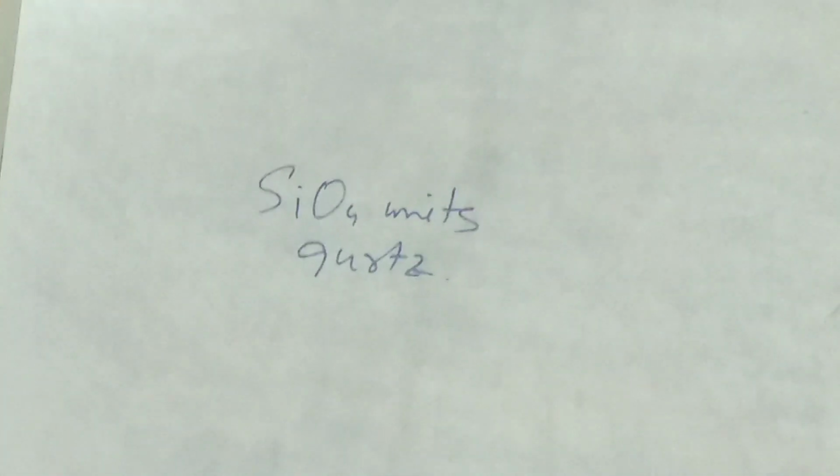But when quartz is pulverized and melted and then followed by rapid cooling, it is converted into glass. But glass is not a crystalline solid, it is an amorphous solid. This is shown by the fact that glass has no sharp melting point. Glass melts over a wide range of temperature.